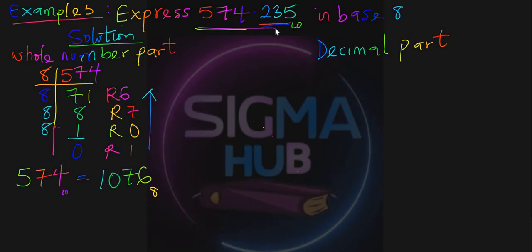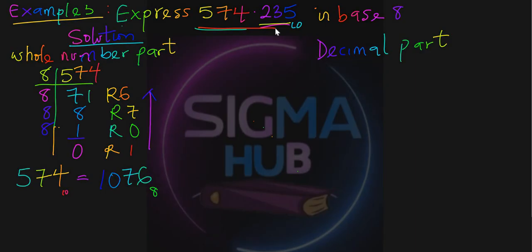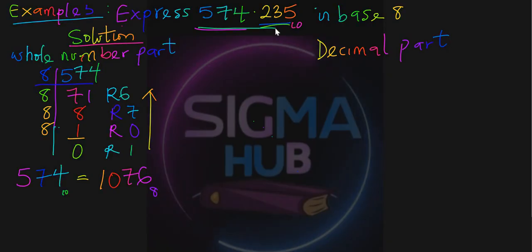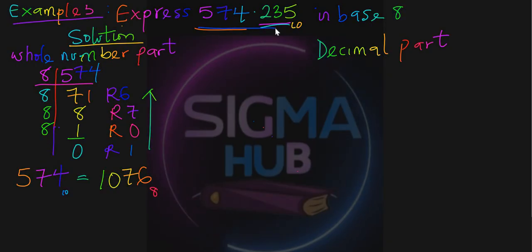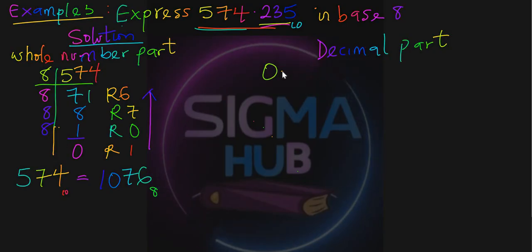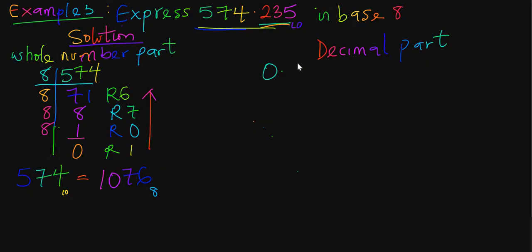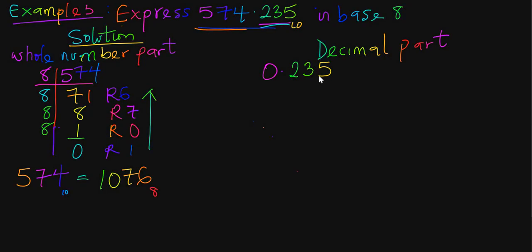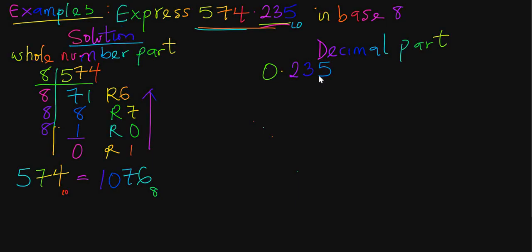So we have 0.235. Don't forget, I said we are going to be doing the complete opposite. So we are going to be multiplying by 8.